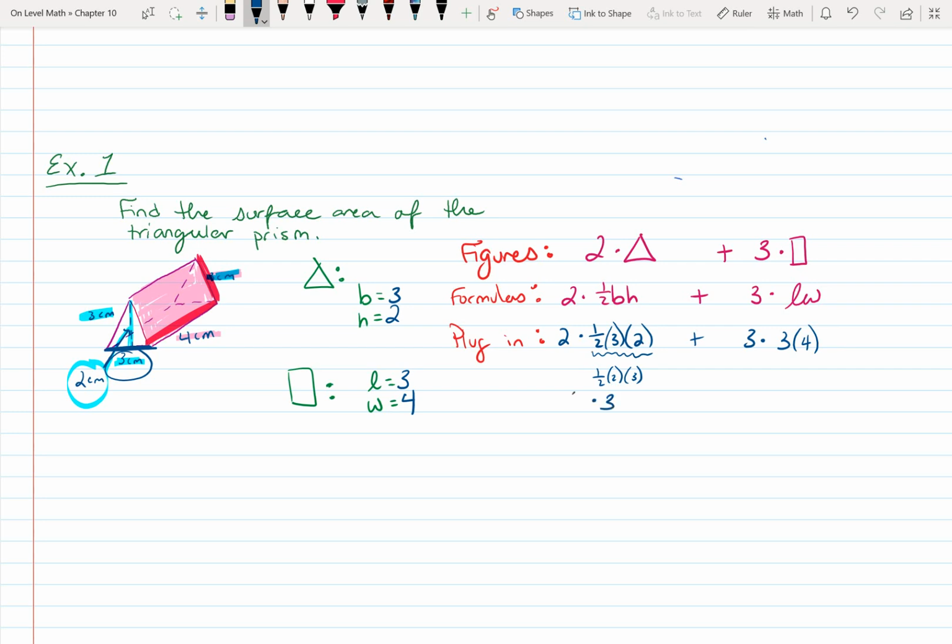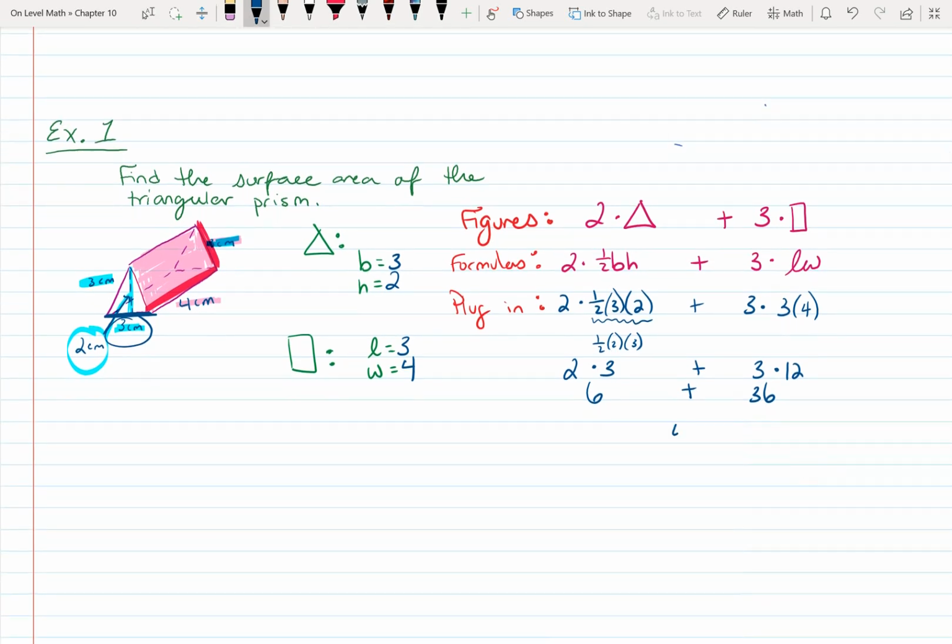So 3 times 2, plus 3 times 4 is 12, so 3 times 12. Alrighty, 2 times 3 is 6, plus 3 times 12 is 36. So 36 plus 6, we get 42, and it's centimeters, and since it's area, it is squared.